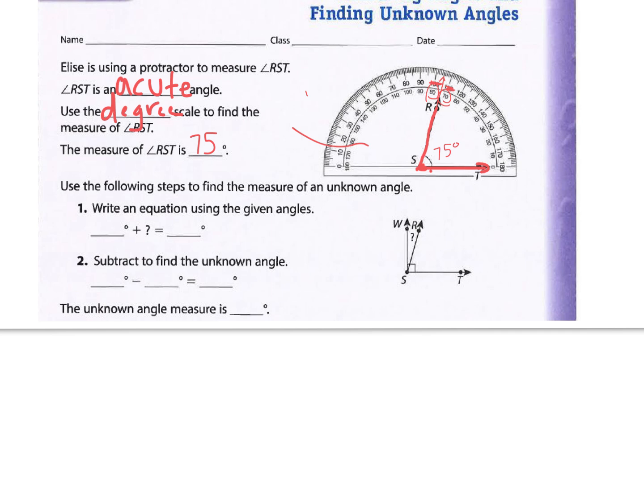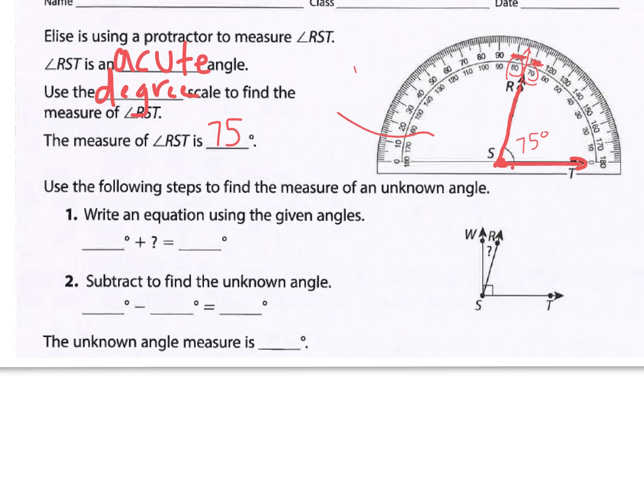So this next part at the bottom here, it says we're going to use the following steps to find the measure of an unknown angle. Well, we can look here and we can see we know WST is a right angle. That is 90 degrees. So it says write an equation using the given angles. How many degrees plus the question mark equals 90?